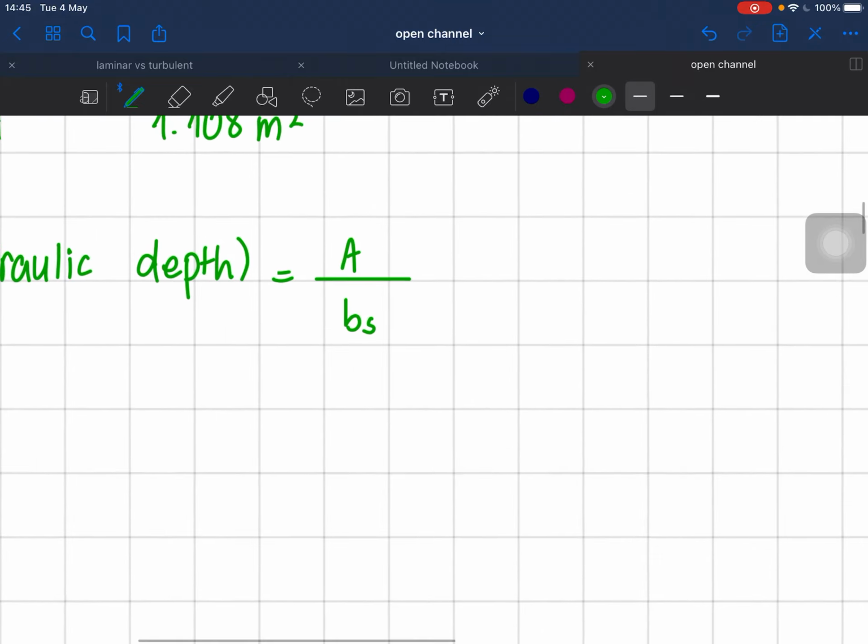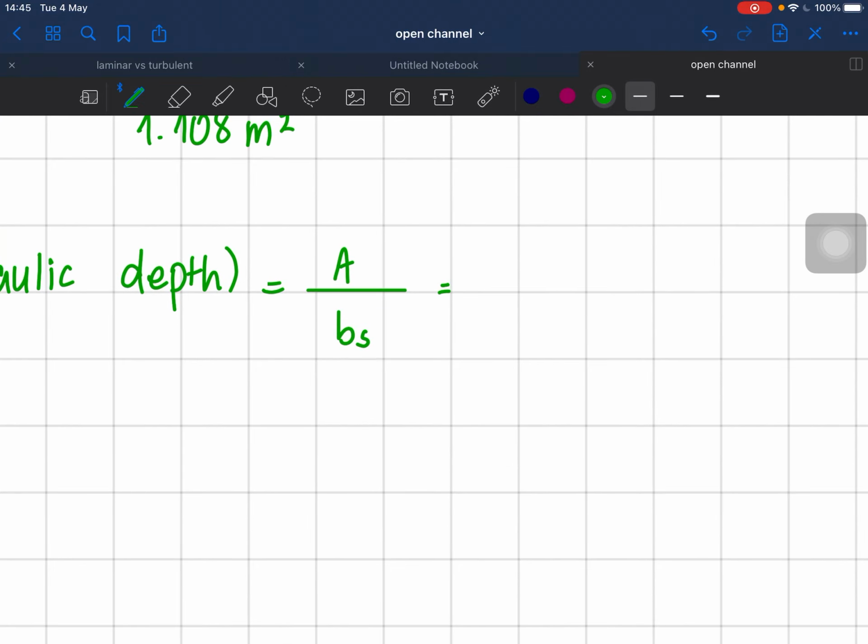So for A here we have 1.108, the same, meter square, and B here equals 2 times 0.8 times tangent of 30, which is 2.771 meter.